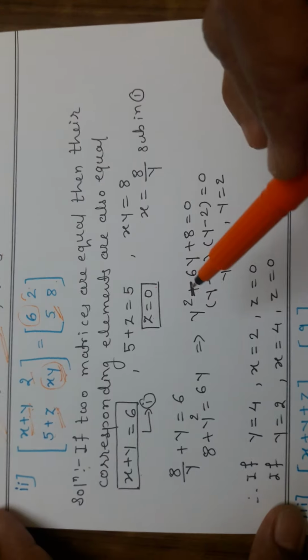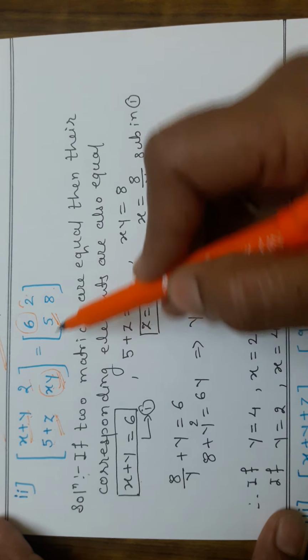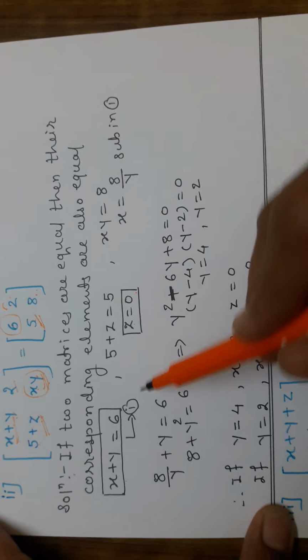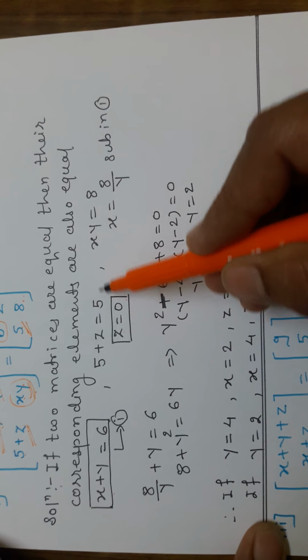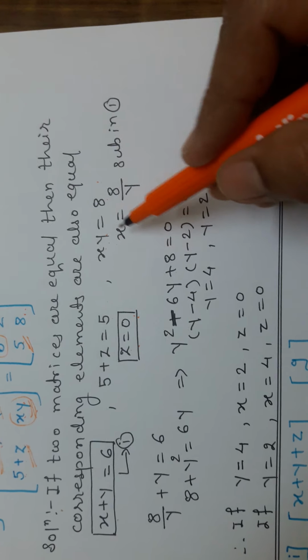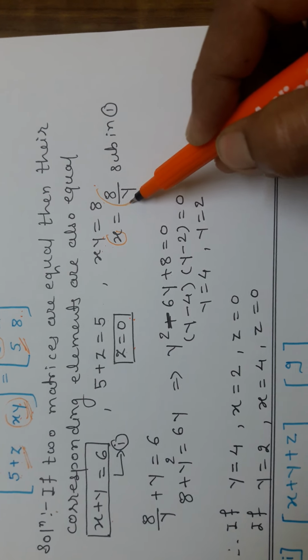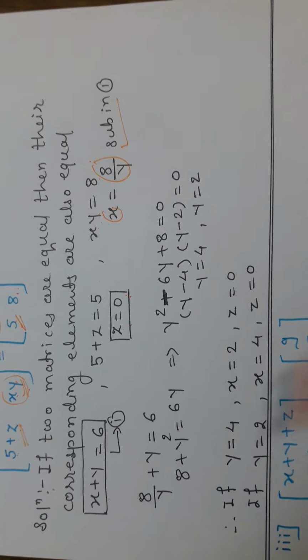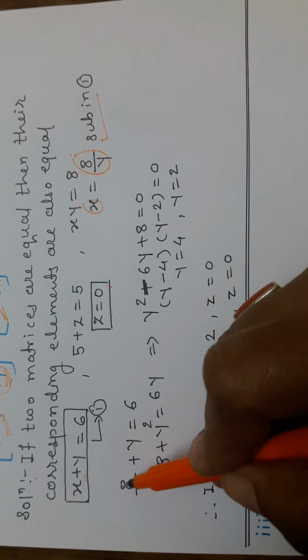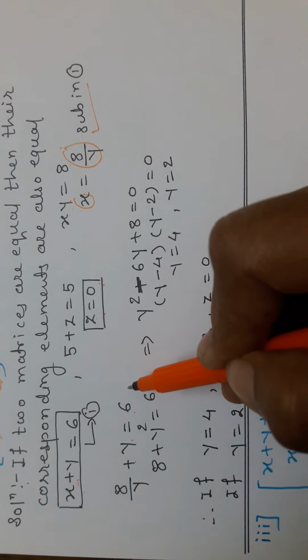In the fourth, xy is equal to 8. So x plus y is equal to 6, we got the first equation. 5 plus z is equal to 5 means z is equal to 0. x into y is 8 means we can write x in the form of 8 by y. This value we will substitute in the first equation. So in place of x we write 8 by y plus y is equal to 6.